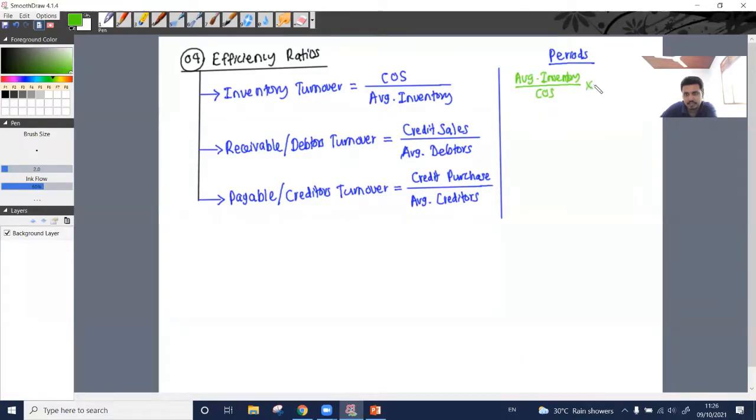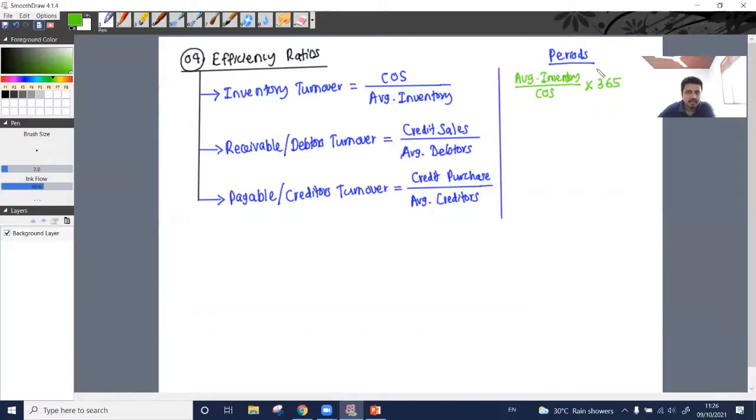If we need the answer in days, we multiply this by 365. Inventory turnover period: average inventory over cost of sales, multiplied by 365 if we need days.